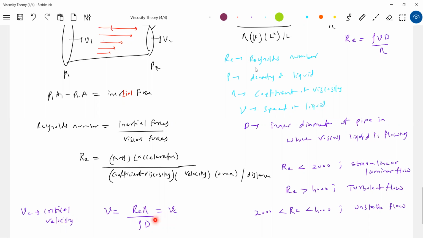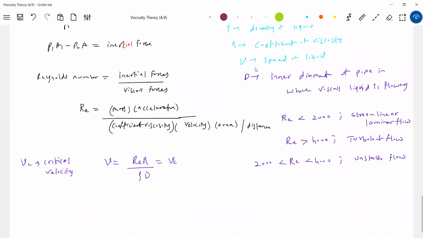Then, to say streamline or turbulent, I'll put a condition: if V is less than VC, streamline; if V is greater than VC, it will be turbulent. Streamline, or you can call it laminar flow, both are the same.